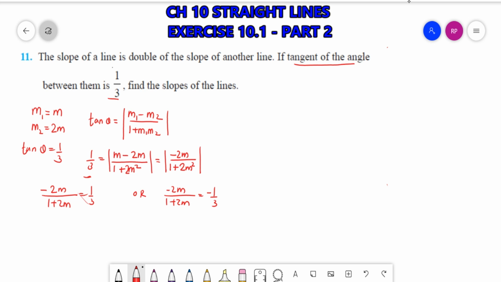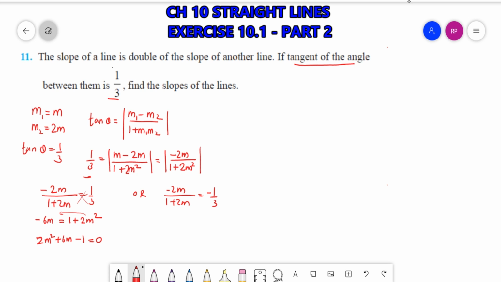Cross multiplying here, minus 2 into 3, minus 6m is equal to 1 plus 2m square. Taking everything on one side will be 2m square plus 6m minus 1 is equal to 0.